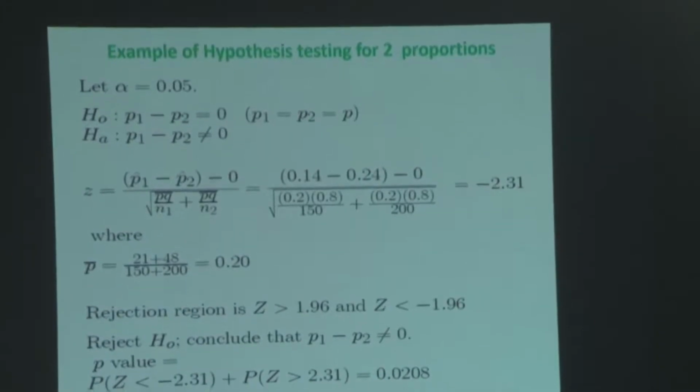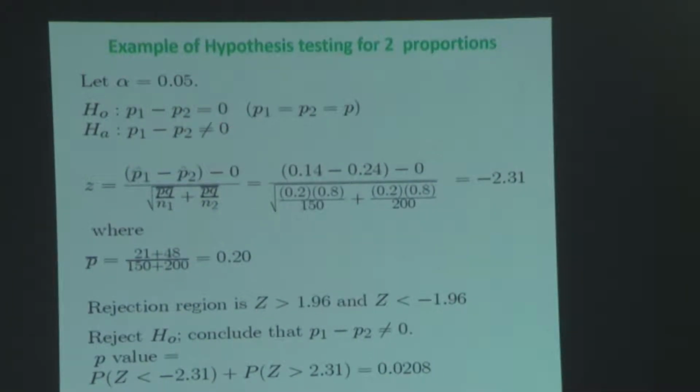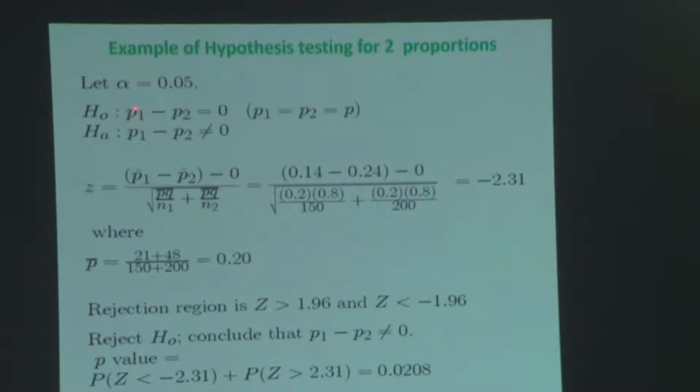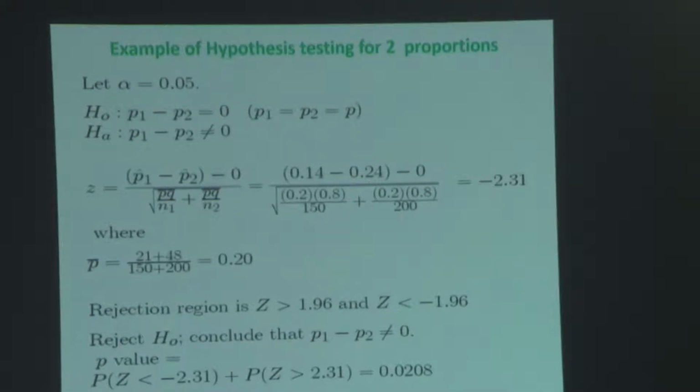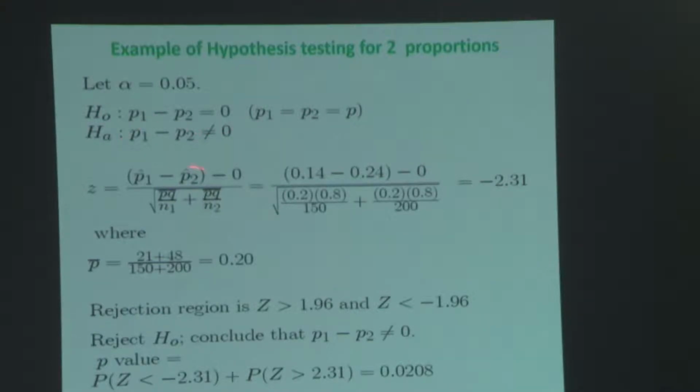So now we go through the manipulations. If we go back to the slide, we now have our alpha of 0.05, our default. We have our hypothesis, P1 minus P2 is equal to 0. Our alternative is not equal to 0, indicating it's a two-sided test. Then we have our test statistic: P1 minus P2, minus the hypothesis value under the null, which is 0, divided by the standard error, which is the square root of P bar (1 minus P bar) over N1 plus over N2.